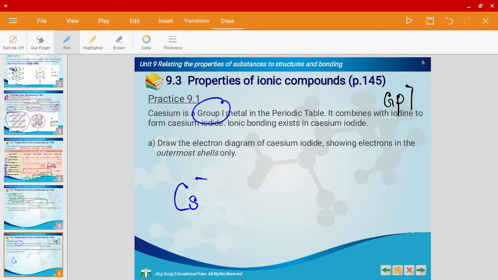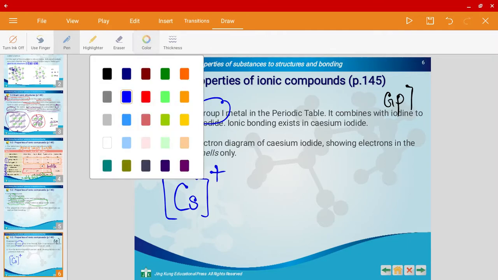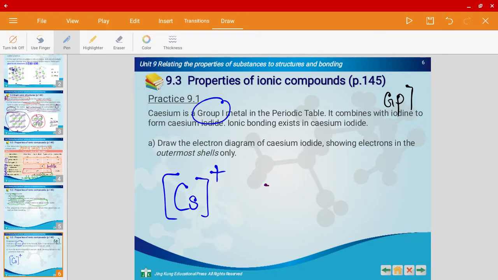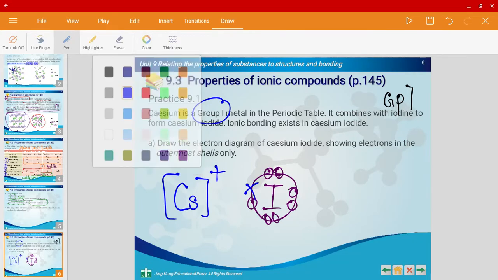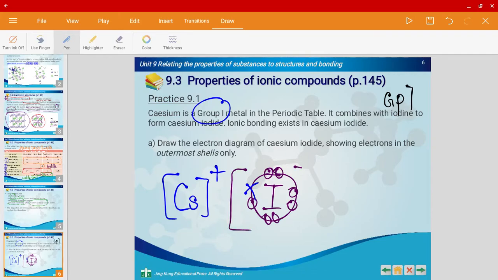Cesium will give one of its electrons, so it has a positive charge, whereas iodine, because it's in group 7, I'll go ahead and draw 1, 2, 3, 4, 5, 6, 7, and cesium will give one of its electrons. And don't forget to put down the overall charge, negative.